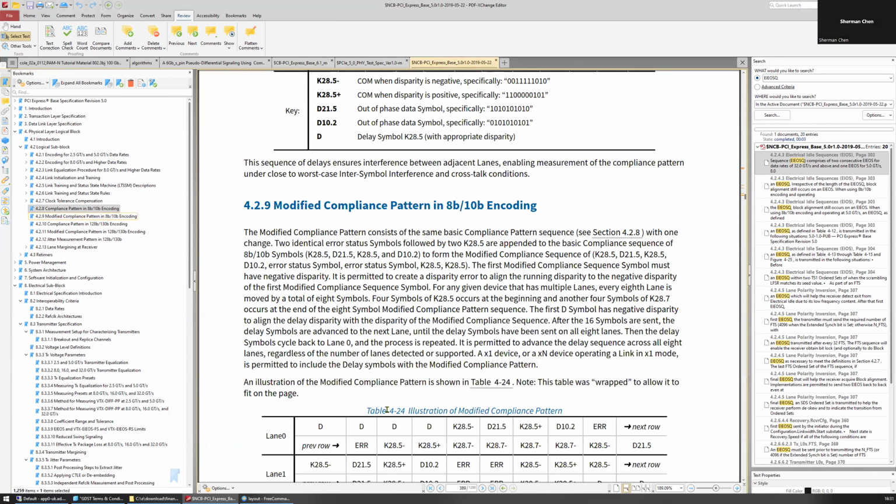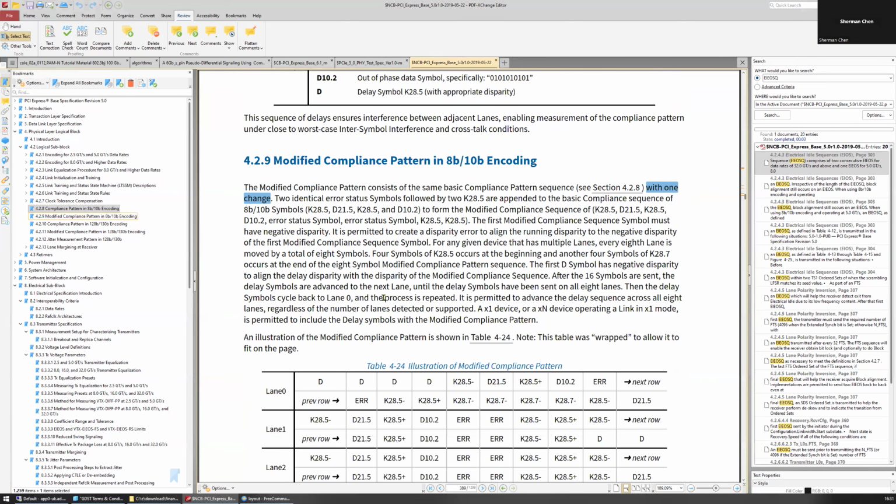Next, let's have a look at the modified compliance pattern, short-formed MCP, also for 8b/10b encoding. As described in the spec, this MCP has one change against the CP compliance pattern. What is this change?